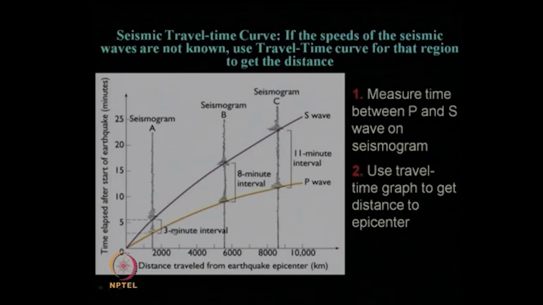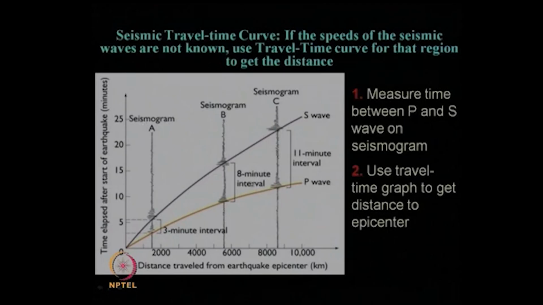It means the 3-minute seismogram is located nearest to the epicenter, the 8-minute one is located intermediately, and the 11-minute one is located farthest from the earthquake hypocenter or epicenter. So, try to put those seismogram data in this graph by proper orientation and distance, so that they form a band like this, that gives you a proper estimation of the distance.